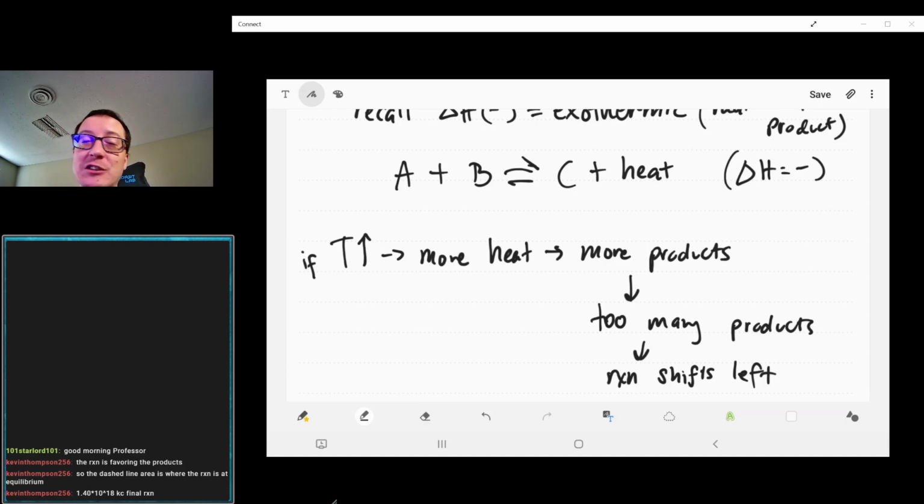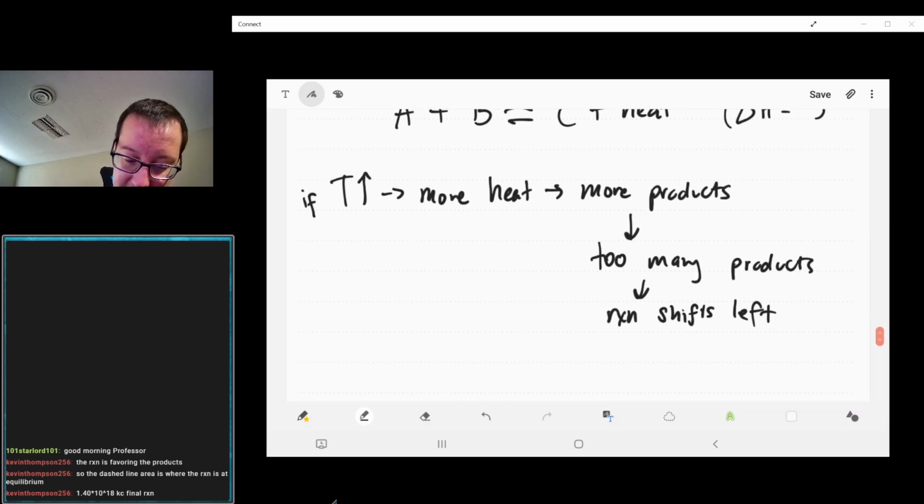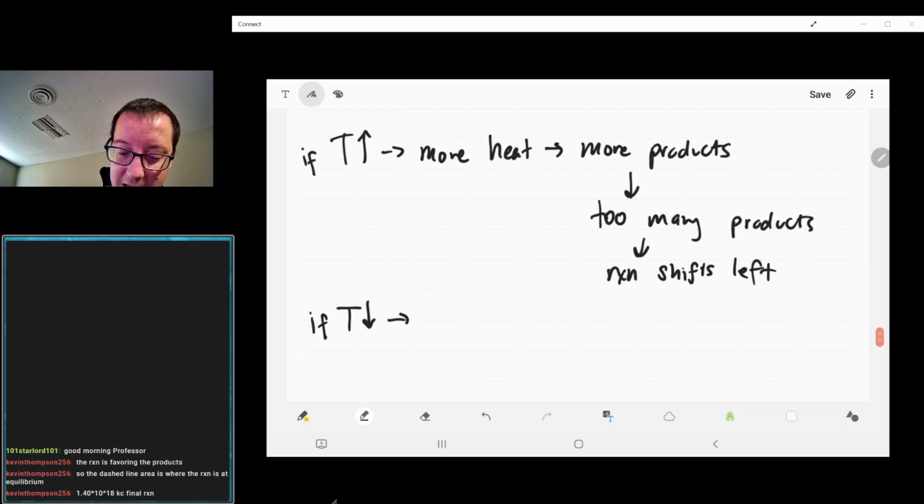So just treat heat as though it were a product or reactant in your reaction. If your reaction is endothermic, you're going to have heat as a reactant. And so if you increase the temperature of an endothermic reaction, you're going to shift it to the right instead. If we decrease the temperature, that means we have less heat for this particular problem.